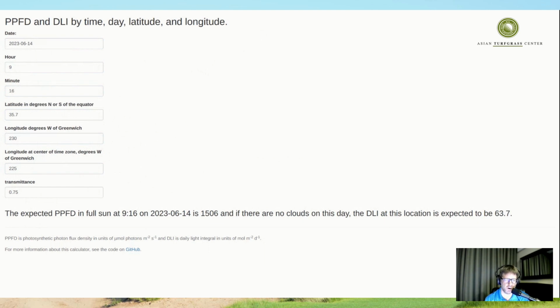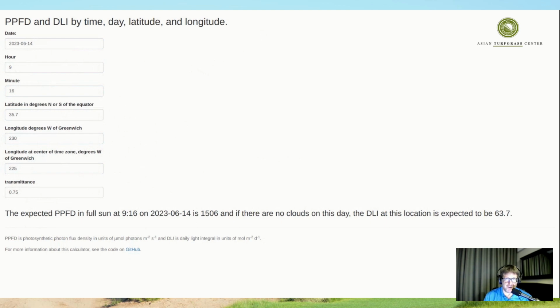It says if there are no clouds on this day, the DLI at this location is expected to be 63.7. And that's the same number that I had for Tokyo on June 14th. So I guess I guessed my latitude pretty close.